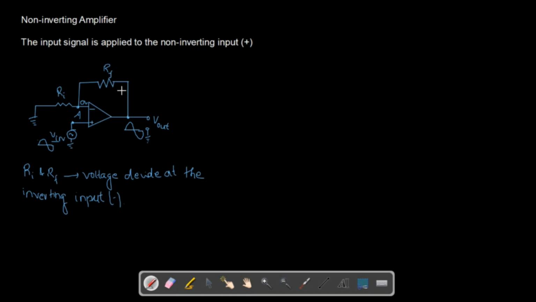Now you have taken a part from this, okay. Please remember this, I might ask you in an exam, although I'm not writing down the sentences here. Now let's say I have taken a part of this output and fed back here. Now this is no more 0 volt because I have taken some voltage and applied it here, okay. So if I take some voltage here, now let's say it is V in, and then let's say this is the feedback voltage, let's say Vf dash.